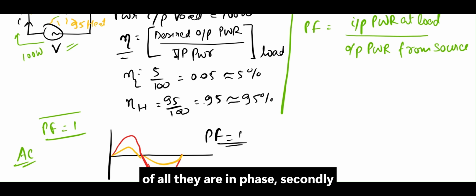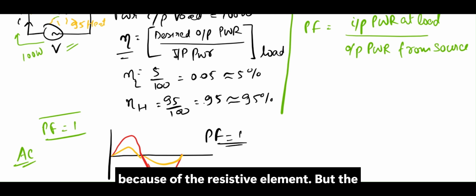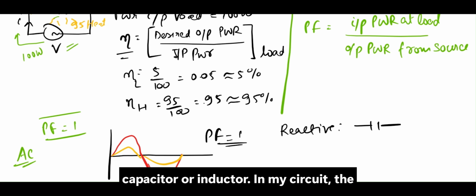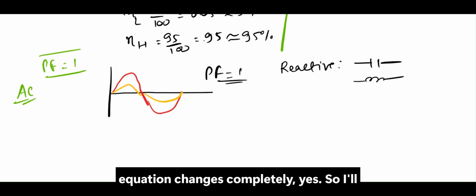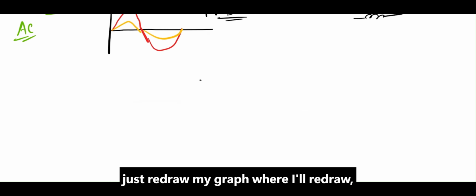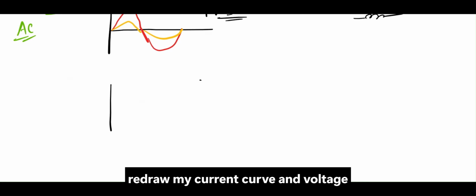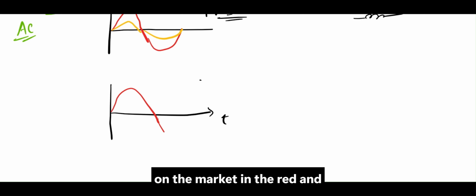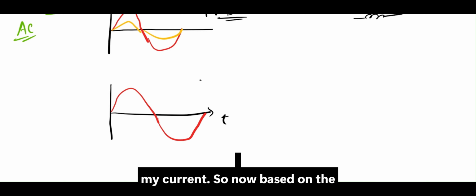First of all, they are in phase. Secondly, because of the resistive element. But the moment I add a reactive element like a capacitor or inductor in my circuit, the equation changes completely. So I'll redraw my graph, with my voltage curve marked in red, and my current.